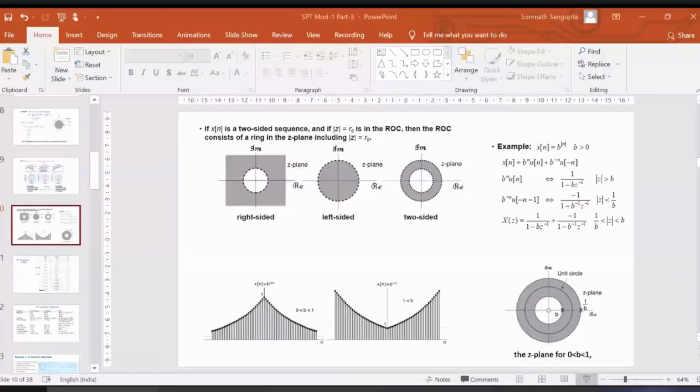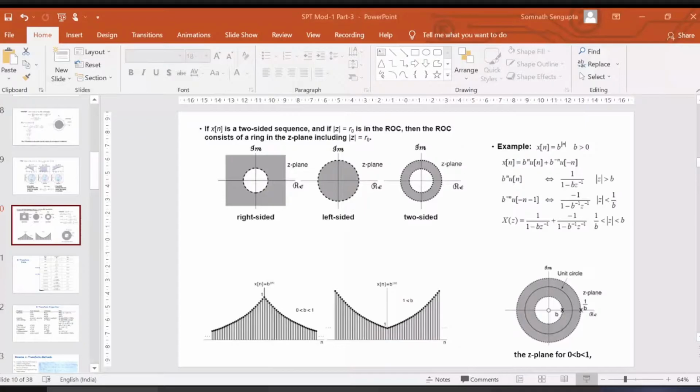Like linearity, then time shifting. Time shifting: if you delay a time domain signal by k, in z domain it is multiplied by z to the power minus k. Z scaling: if the z domain is multiplied by a inverse, then in time domain it is a to the power n.